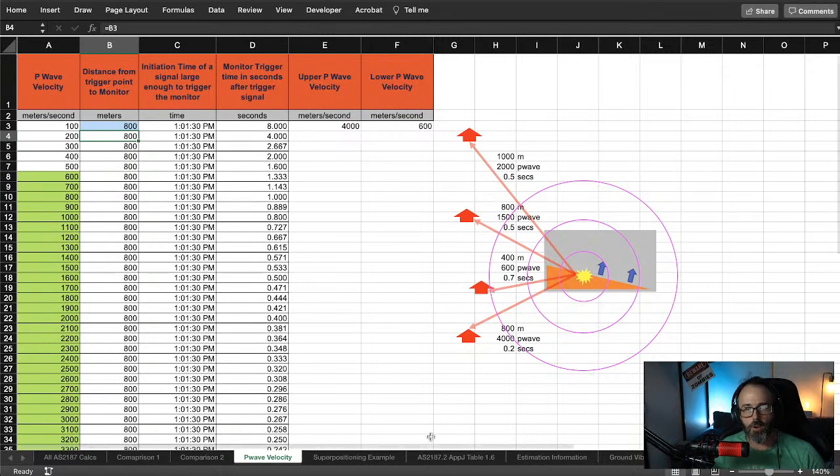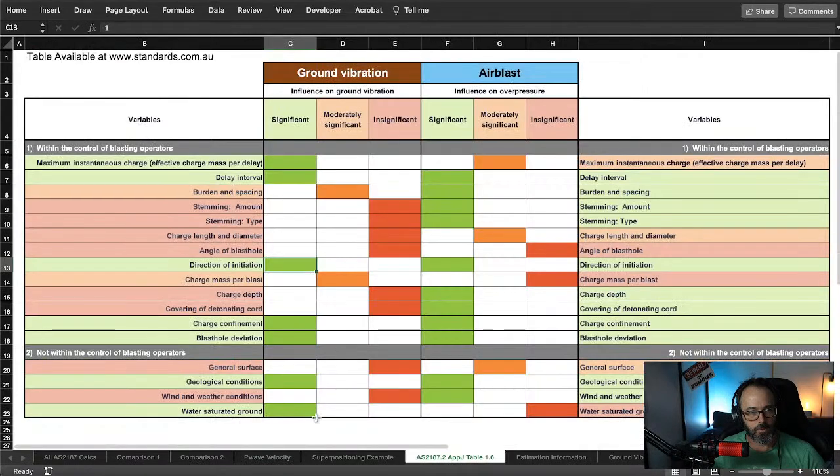And what can you not control according to the AS 2187? Geological conditions. So you cannot control your geological conditions. You can't control whether that rock is solid, uniform igneous granite, or it's sedimentary, iron ore, folded.